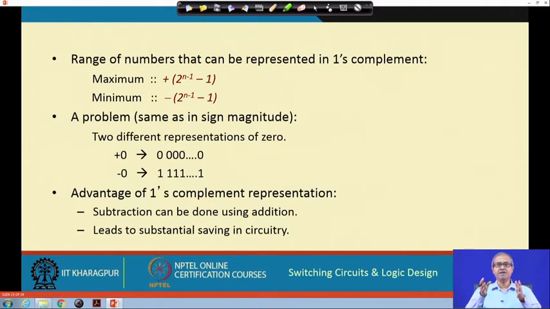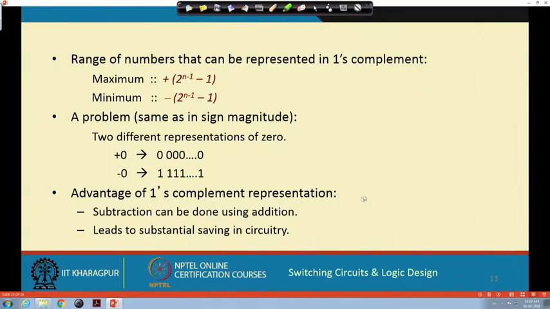Now, we are saying that if we represent our numbers in 1's complement form, we do not need subtractor circuits. We can have only the adder circuits. Using the adder we can do addition, and we can also do subtraction. This is a big advantage. So, we shall see later how this is achieved.